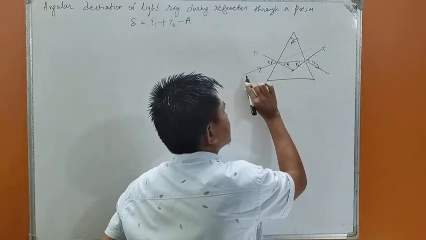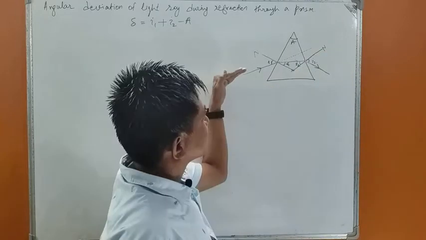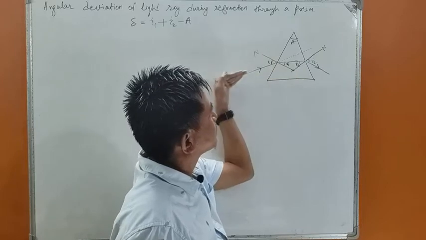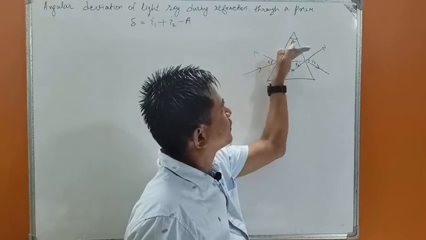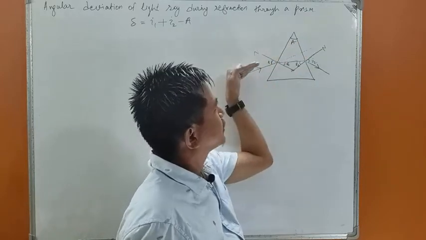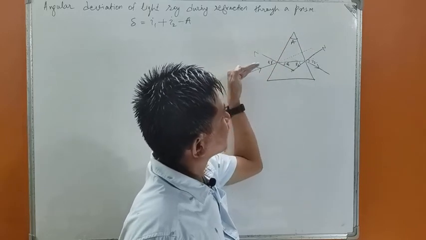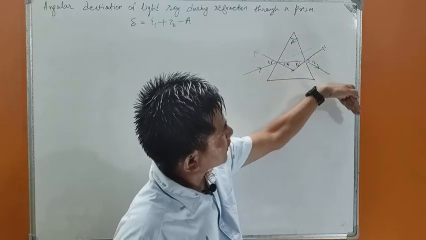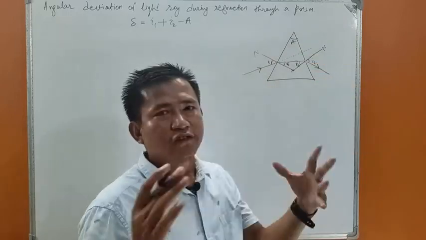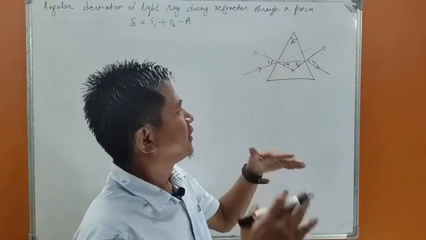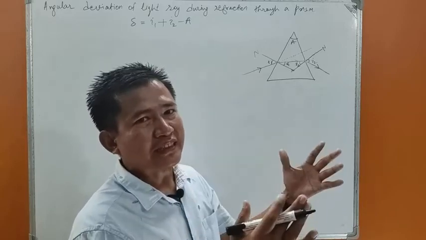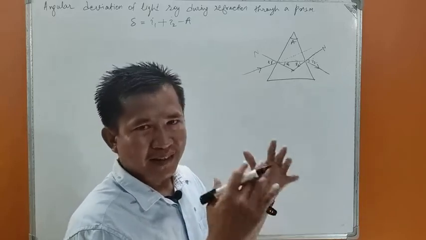Now what is the angle of deviation here? If there was no prism, the ray of light would travel in this direction straight away. But due to the presence of the prism, the ray of light is bent in this way, isn't it? So the angle of deviation is the angle between the incident ray and the emergent ray.